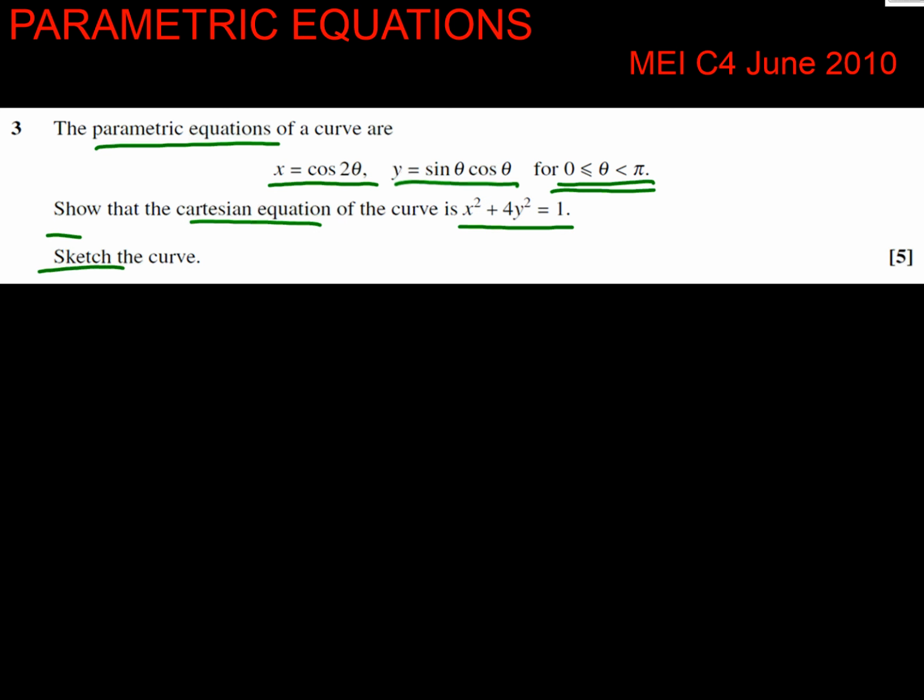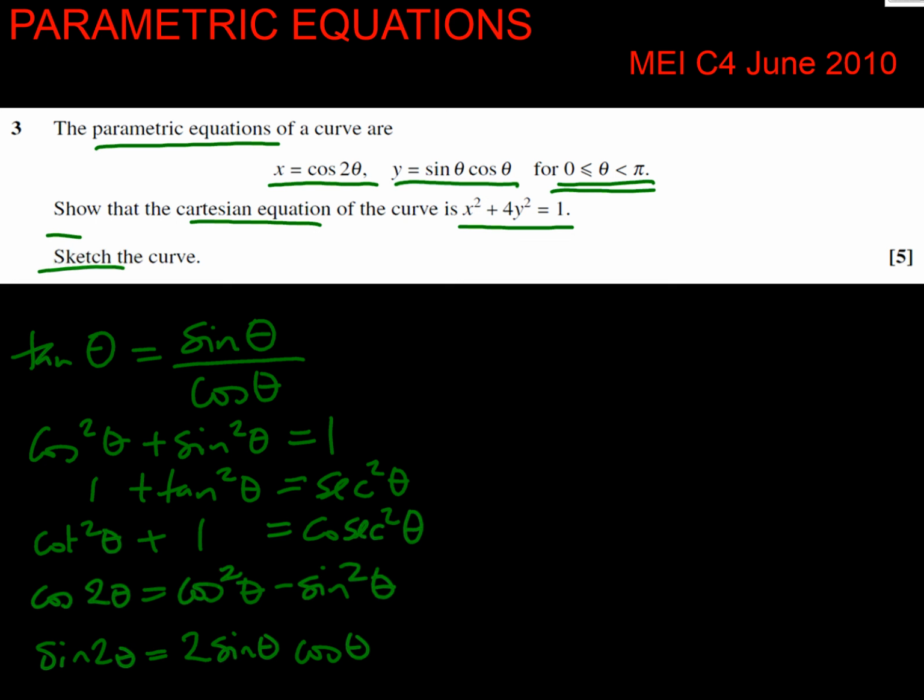Okay, so let's have a look at this and what we're going to do. In these cases with trig functions, first thing we've got to do is think about solving them using all our trig identities. So let's just list them out. So here they all are, the ones that we typically use.